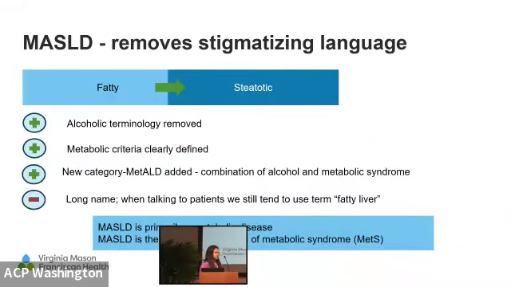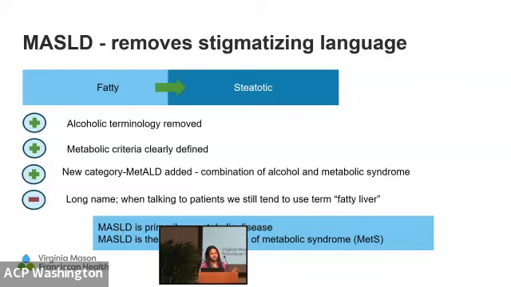So why this nomenclature change? Our understanding of fatty liver has really changed over the last 10 to 15 years. We now know it's a part of the metabolic syndrome. We know it's a multi-system disease. So for a long time, there's been this push to really change the nomenclature so it could be more inclusive, and we can define it better based on its pathophysiology rather than having stigmatizing terms in the name of the disease itself.